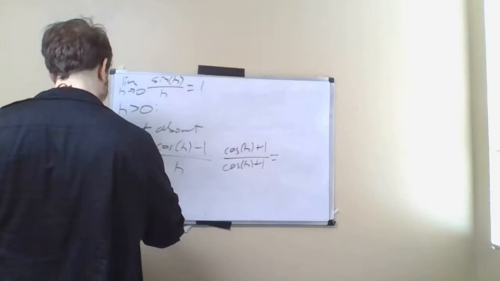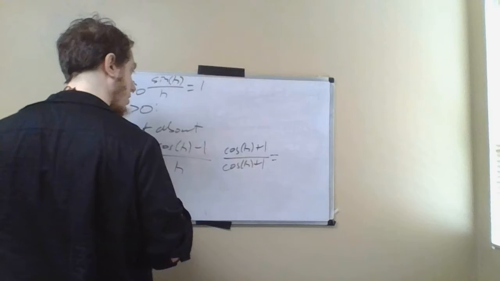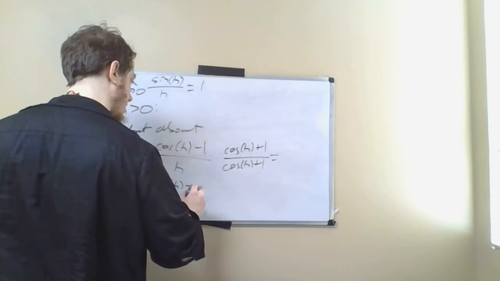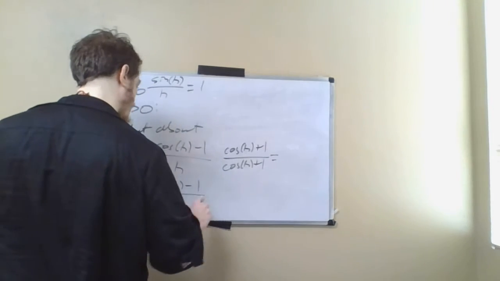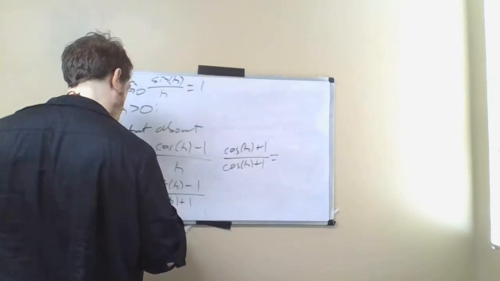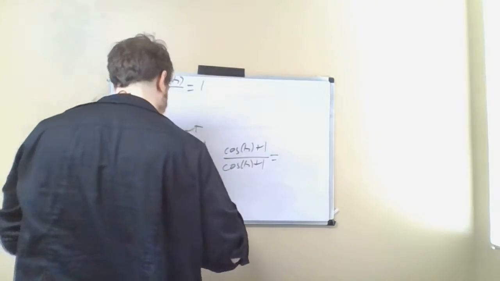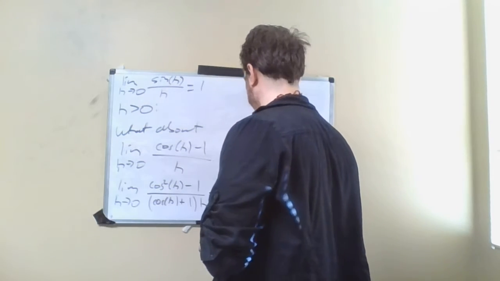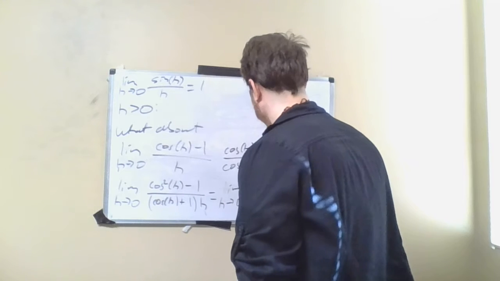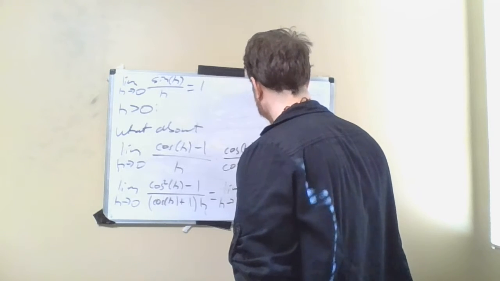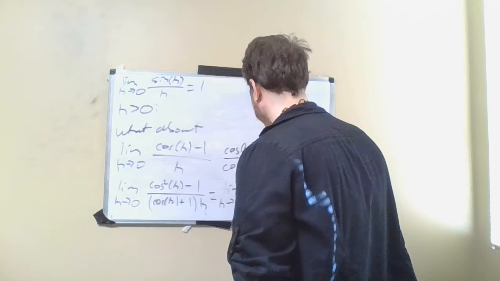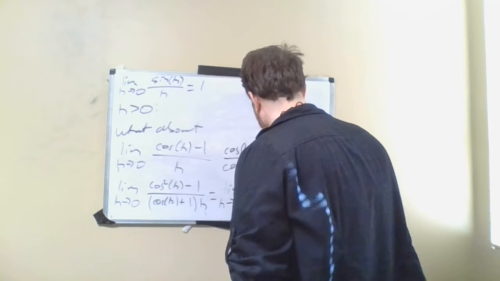This gives me the limit as h goes to 0 of cosine squared h minus 1 divided by the cosine of h plus 1, all multiplied by h. And this is going to be the limit as h approaches 0 of negative sine squared h divided by cosine of h plus 1 times h.